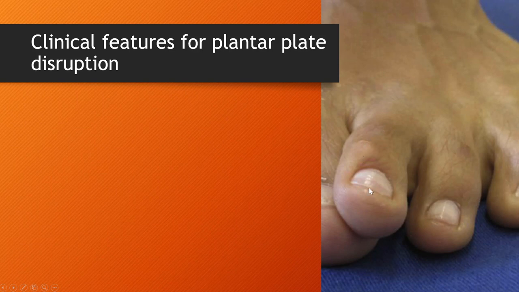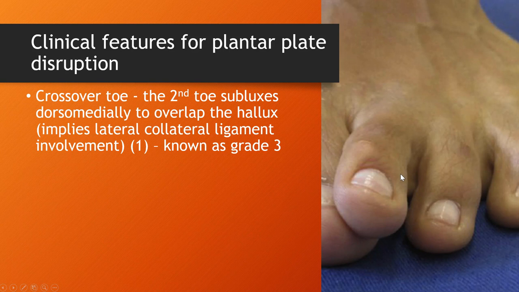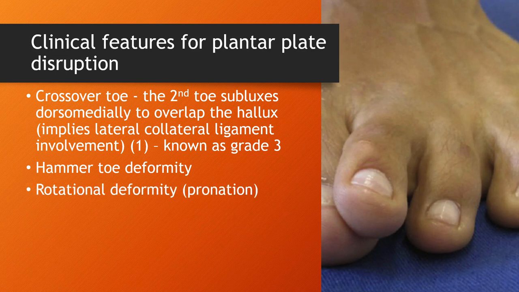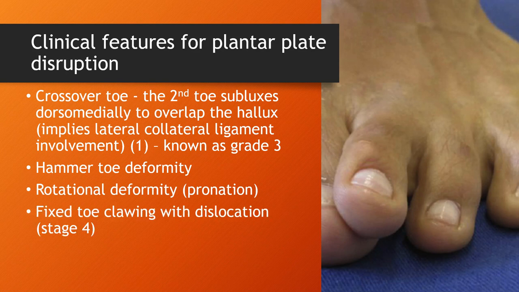It's a term we use when we see the second toe deviating medially and crossing over the hallux, which means it must be also hyperextended. So this usually means that there's a collateral ligament involvement, so we call that a grade 3. Hammer toe deformity, rotational deformities, and fixed toe clawing with dislocation. These are the more severe deformities, and it's given a stage 4 once it's reached this fixed toe clawing.